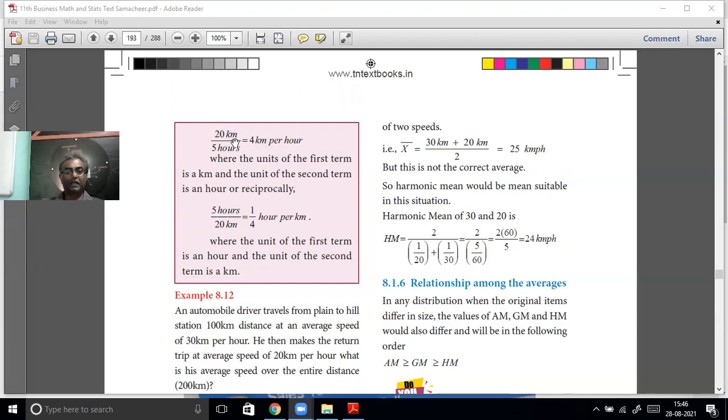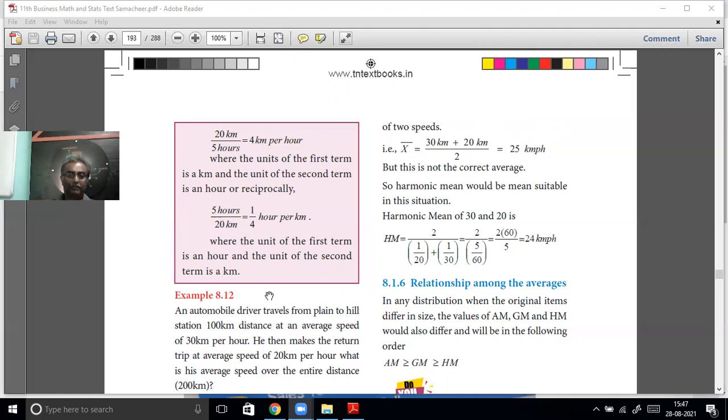So we saw that 20 kilometers in 5 hours is 4 kilometers per hour. Then you can have 1/4 hour per kilometer, the inverse, also. That is the way of understanding where the harmonic mean can be used. Usually it is used wherever there are rates, like kilometers per hour or kilometers per liter.